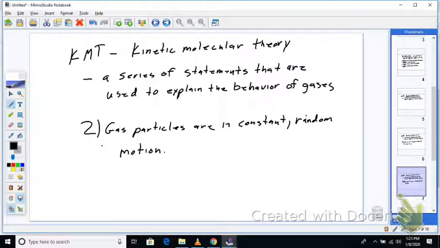They're always moving, and they're random. Gas particles are different than solid and liquid, because gas particles are always moving, in constant motion.